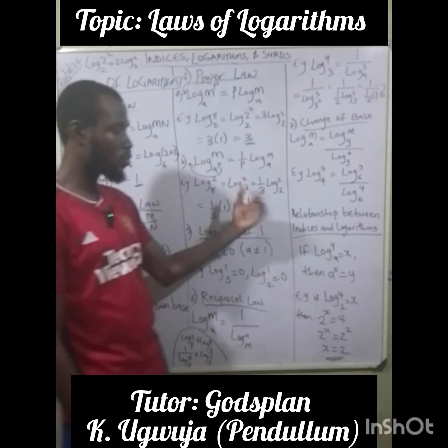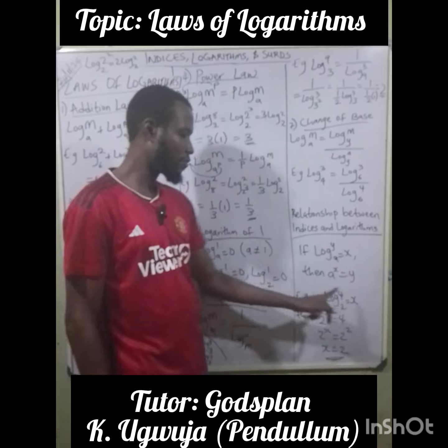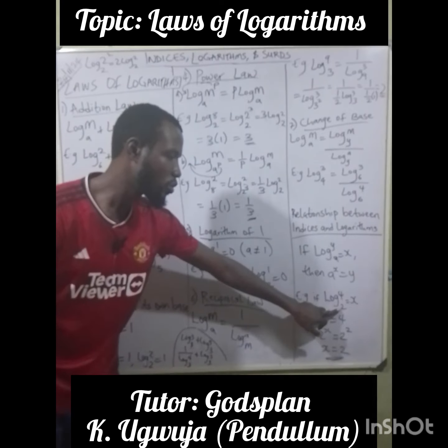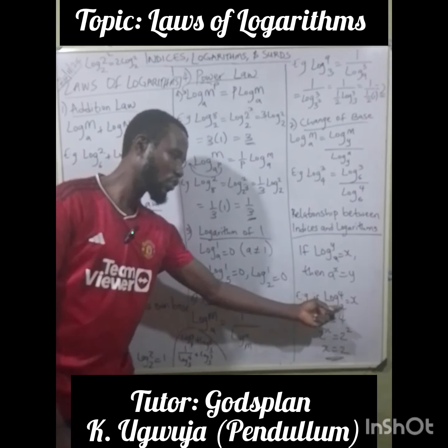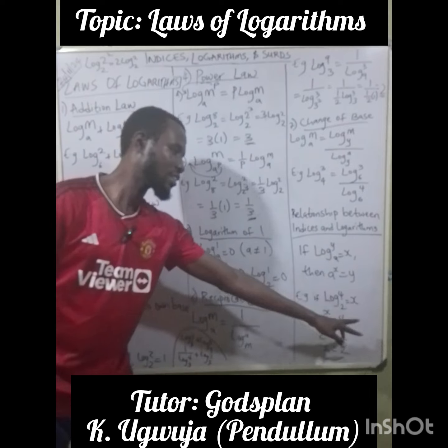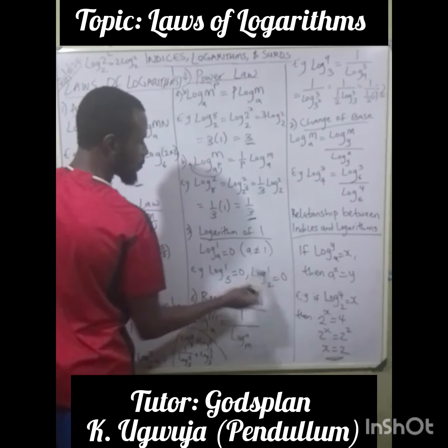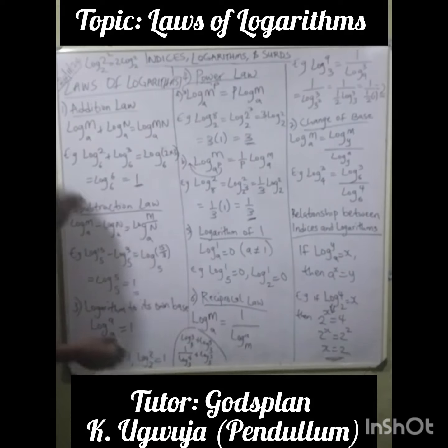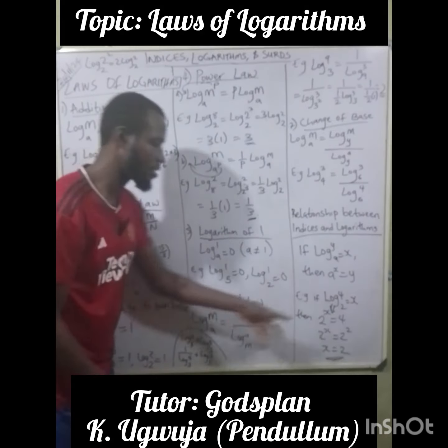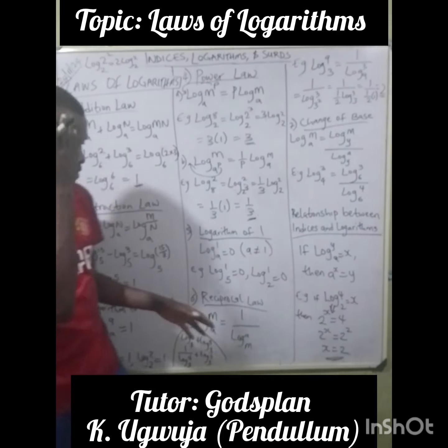Then the second way, if I want to relate it with indices: log 4 base 2 is equal to x. From this, you have that 2 raised to the power x will be equal to 4. The base 2 raised to the answer x is equal to 4. Now I've translated it from logarithm to indices, and you can solve it the same way I've taught you how to solve indices.